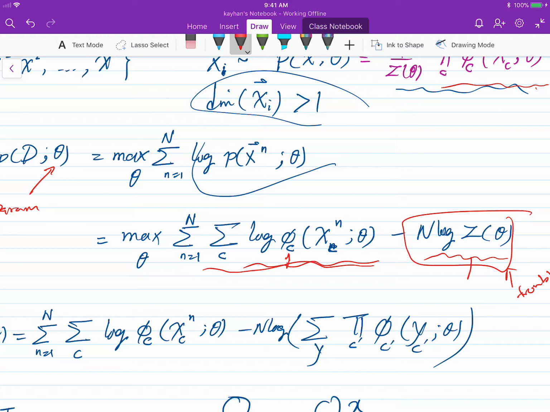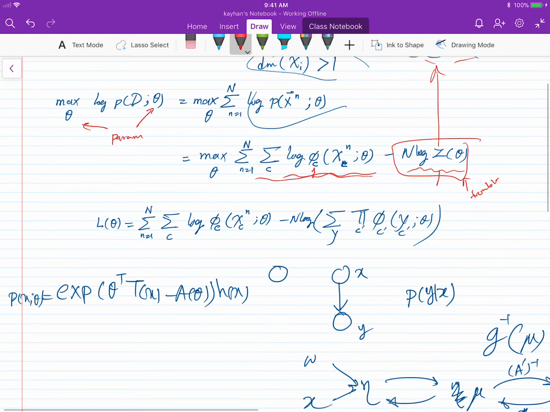This is my Z. So this is the form of the distribution that I'm trying to learn.